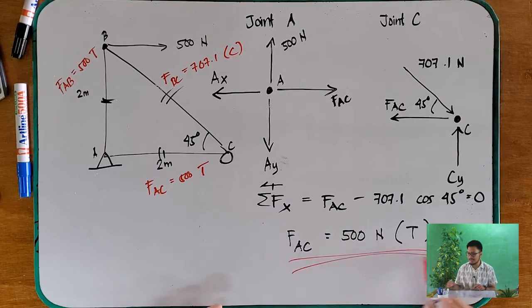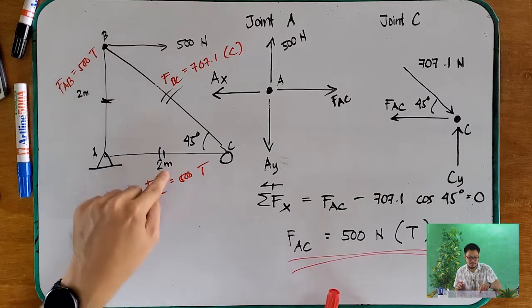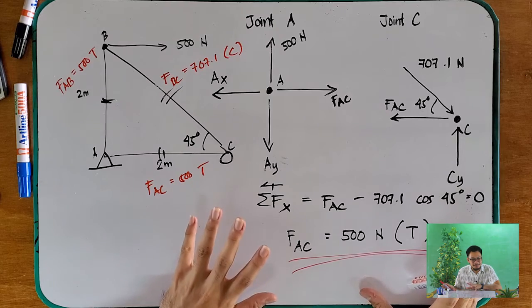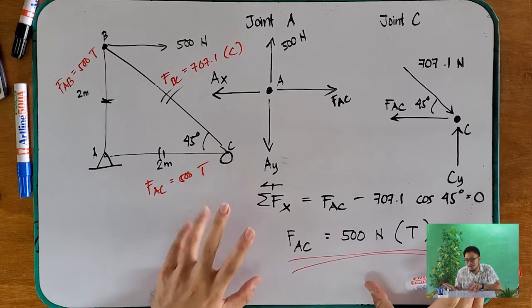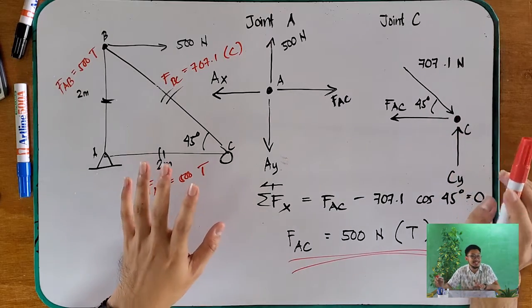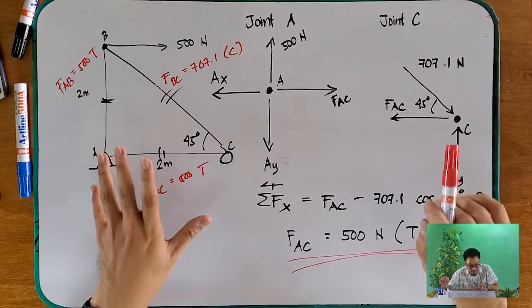So we have now our answers. We already solved for the internal forces of each of the members. Okay? Sayon siya pag-solve, basta katiguna mo aning atong mga angles, atong mga sine, atong mga equilibrium equation.